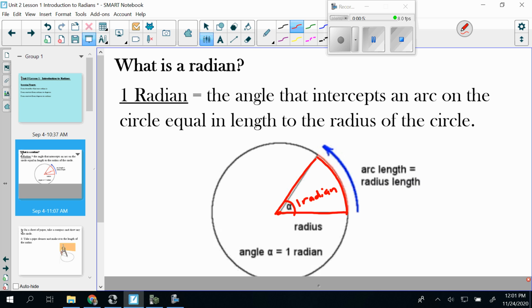Up until this point, you've probably only measured angles in degrees, and we're going to look at how you go back and forth between a radian and a degree later.